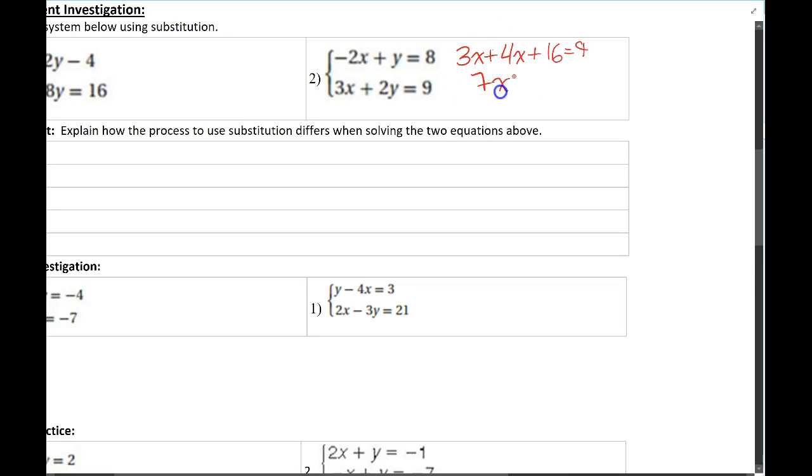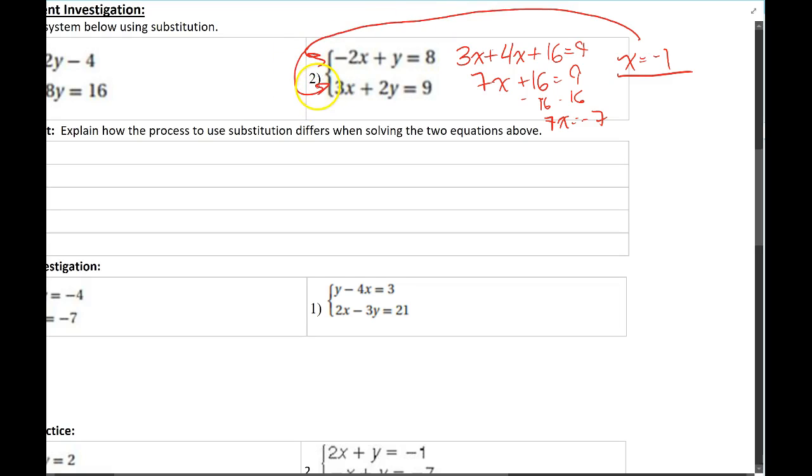4x gives me 7x plus 16 equals 9. I subtract 16 from both sides, and I would get 7x equals -7, and therefore x equals -1. I can then take this and plug it back into either one of these equations in order to solve for y.